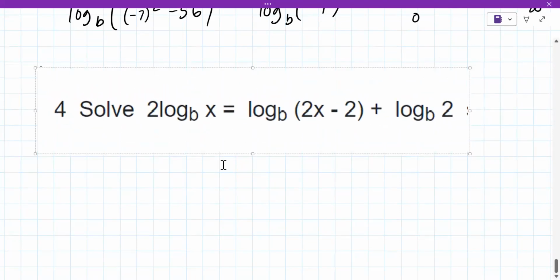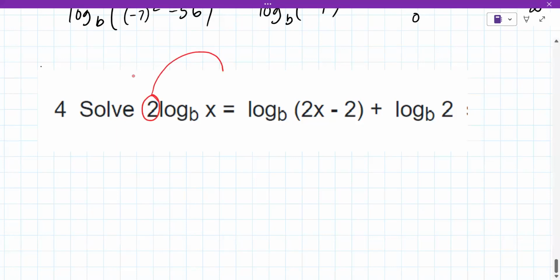So this is the first problem we've seen where there's more than one thing going on on one side of the equation. Like on the left, there's a 2 in front of the log. Here, there's 2 logs. So this is where you've got to use your properties of logarithms, or those laws of logarithms. Do you remember what we can do with this 2 right here? Where can it go?